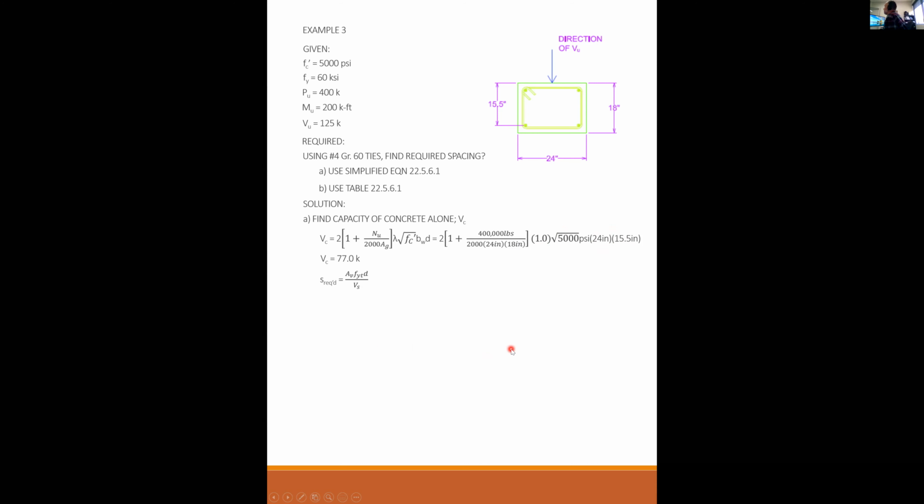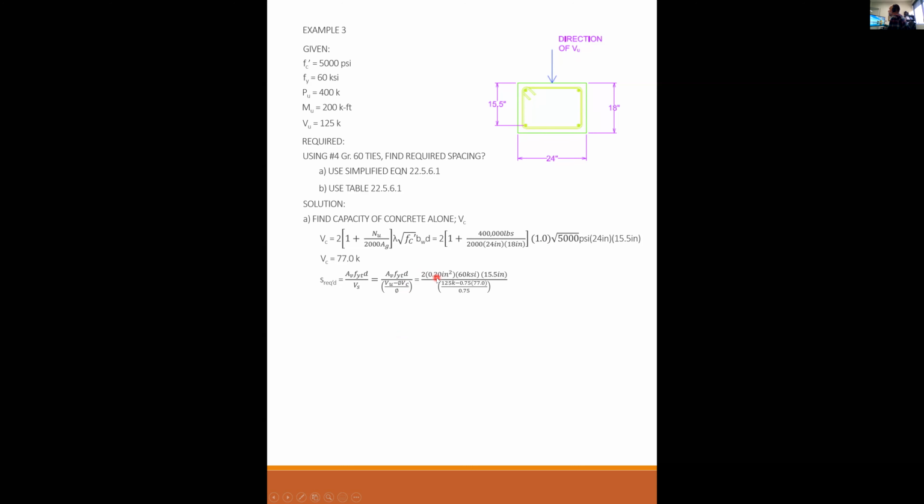So then my spacing required is equal to Av fy d over Vs. Vs is equal to (Vu minus phi Vc) over phi. So I can plug in, I have 2 legs, 1, 2. 2 legs resisting this shear.